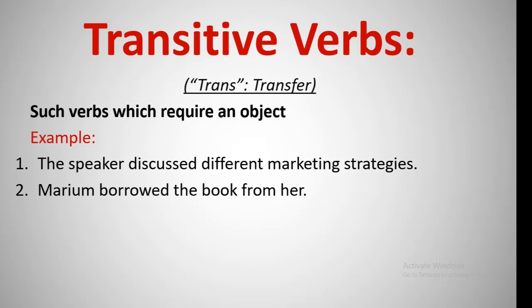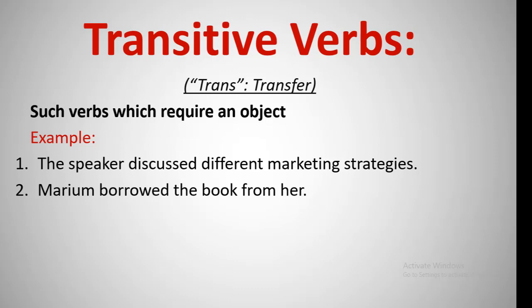So in this sentence, discussed will be called a transitive verb. In the second example, if I cover this part of the sentence, "the book from her," and I only say "Mariam borrowed," are you able to understand? Your next question will be, Mariam borrowed what?